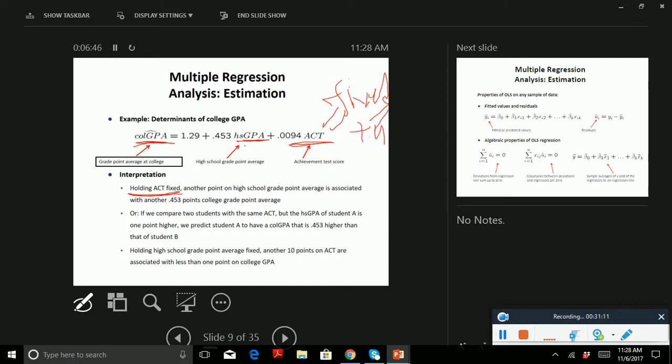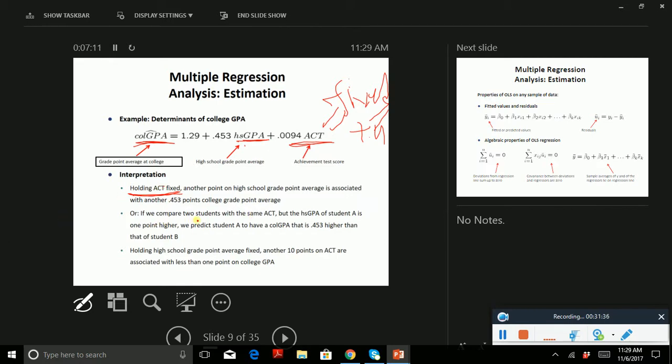Both of these should be fixed. Only when you make that assumption can you say that a 1 unit change in high school GPA would increase the college GPA by 0.543 units. Here both are in unit form, right? So the interpretation would be like that.